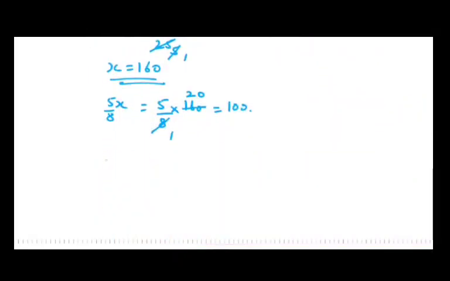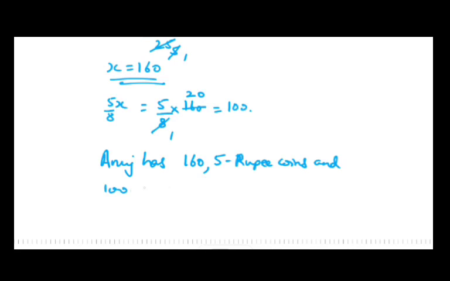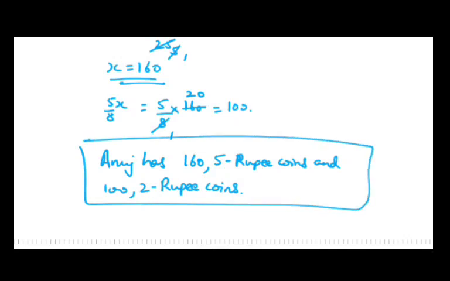Anuj has 160 5 rupee coins and 100 2 rupee coins. All right.